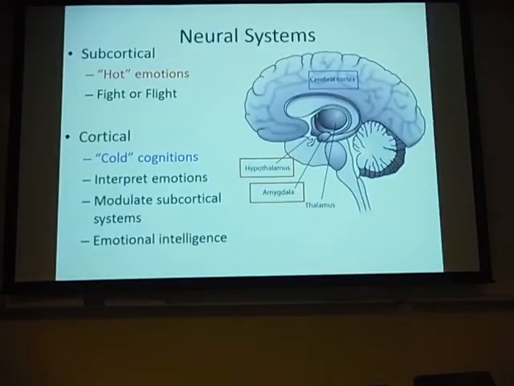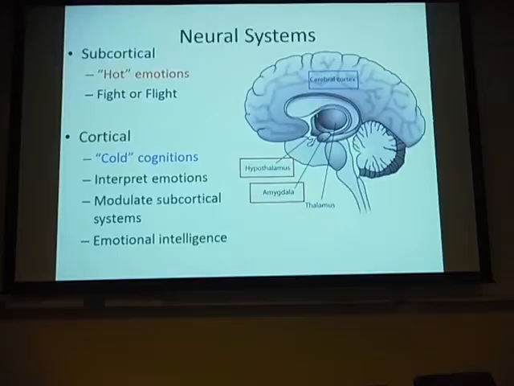So, knowing that emotions are complex and multidimensional, we need to start thinking about where these things get processed within the brain. One way of thinking about it is that subcortical structures, those structures below the cortex, like the hypothalamus and the amygdala, are important for processing hot emotions.